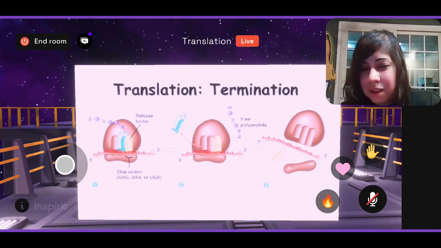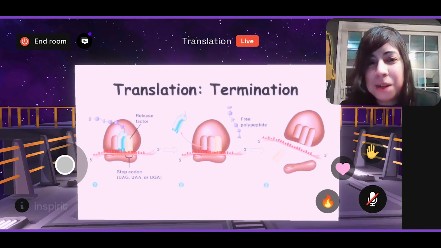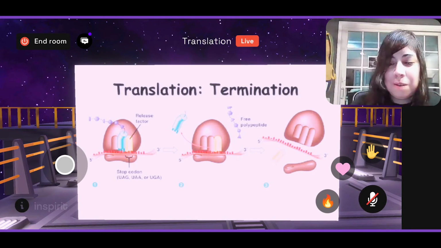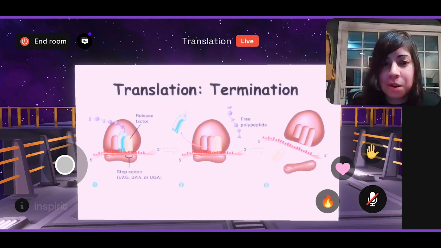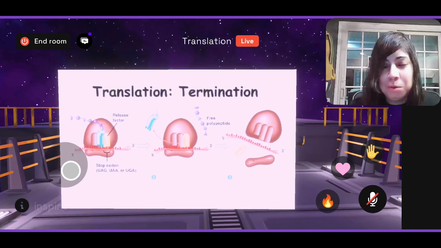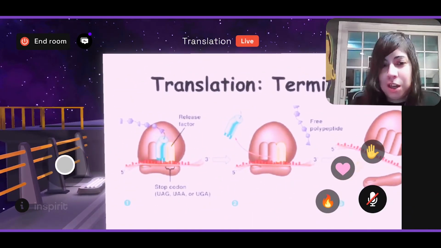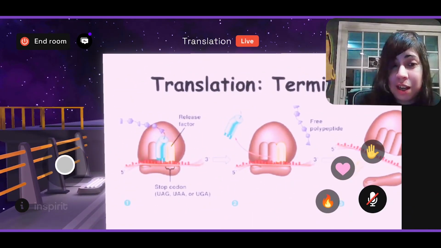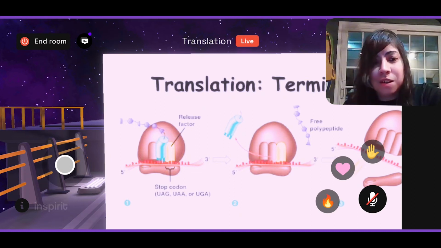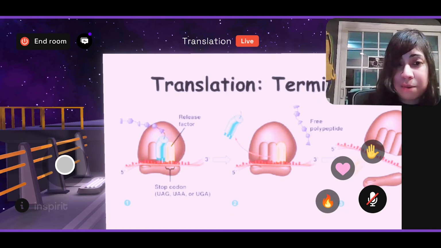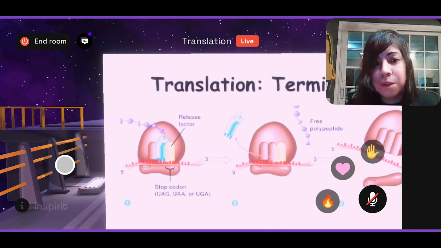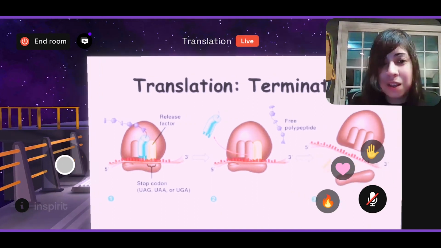Here we go. So finally, we reach termination, which is when one of the 3 stop codons, UAG, UAA, and UGA, becomes positioned in the A site. The stop codon is recognized by proteins called release factors, which are RF1, RF2, and RF3, which hydrolyze and cause the release of all components.